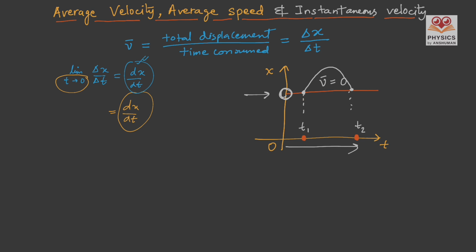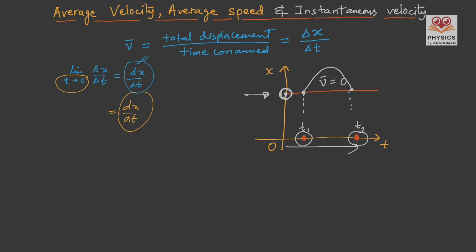It is again fixed at a particular point on the position axis. In this scenario also, we can say that for the motion from time t1 to t2, the average velocity is 0 because the position remains the same.